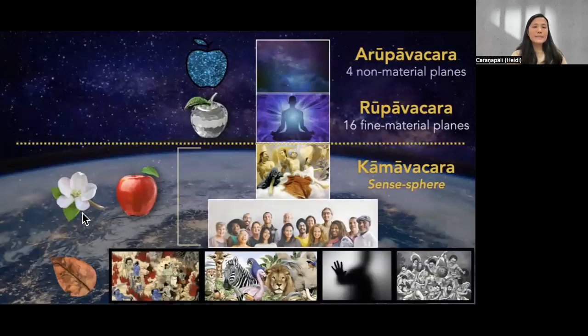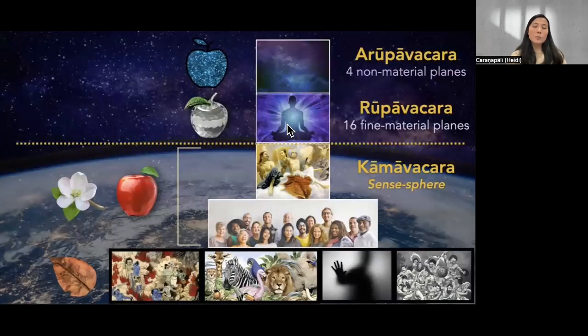Now, for the rootless wholesome resultant, or the wholesome resultant with roots, these two types of rebirth link consciousness serve as relinking for humans and devas, so in the sense sphere, the Kamavachara realm.